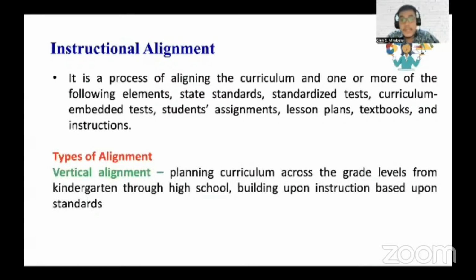We have the vertical alignment, that means planning curriculum across the grade levels from kindergarten through high school, building instruction upon a standard. So for example, we have the subject English. The complexity increases as the grade level increases, right?